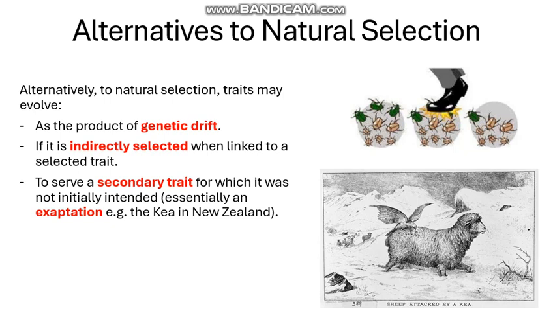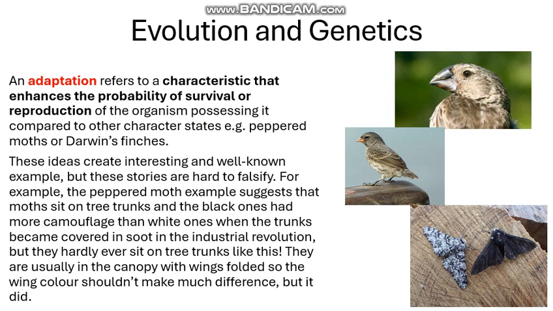So a trait may evolve as a product of genetic drift if it is indirectly selected when linked to a selected trait. So say you have one of these finches, let's say that the type of beak is linked to its color.